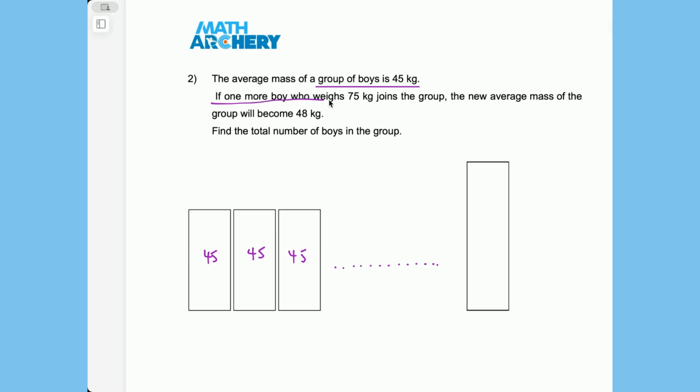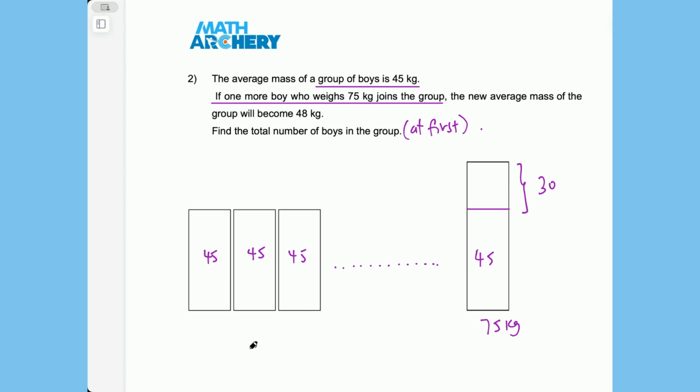However, if one more boy who weighs 75 kg joined, so 75 can be broken up into 45, and here's 30. Okay, so how are we going to find the total number of boys in this group at first?